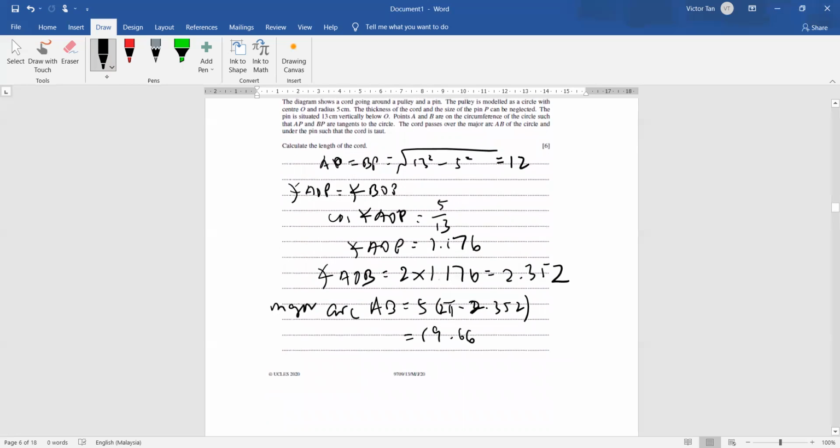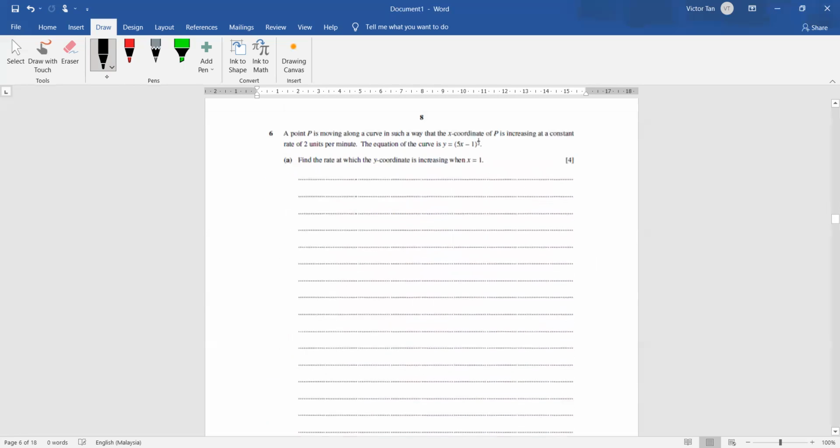So that's the string, 2 times 12 plus 19.66. Giving 3 significant figures, it would be 43.7. Okay, there we have it.